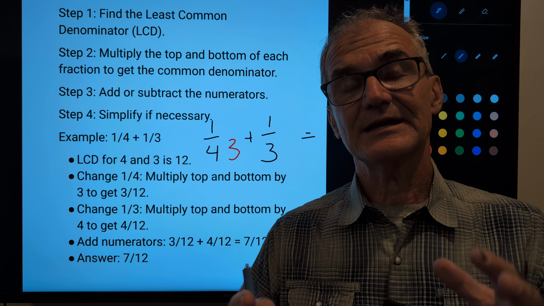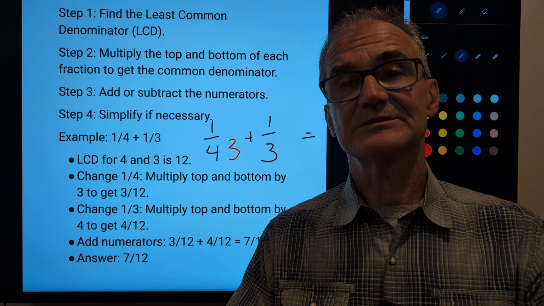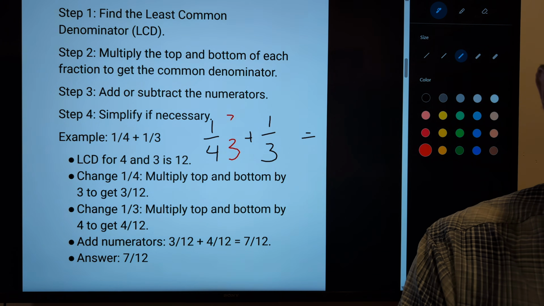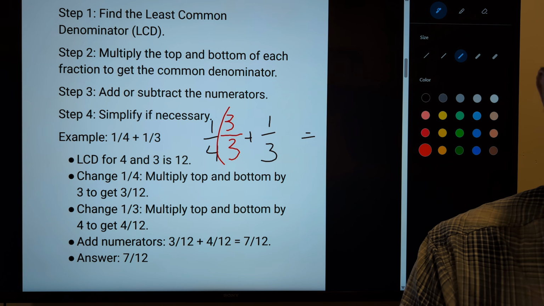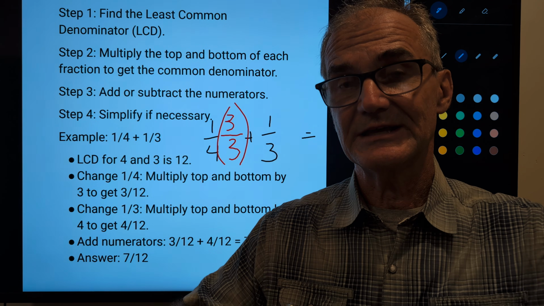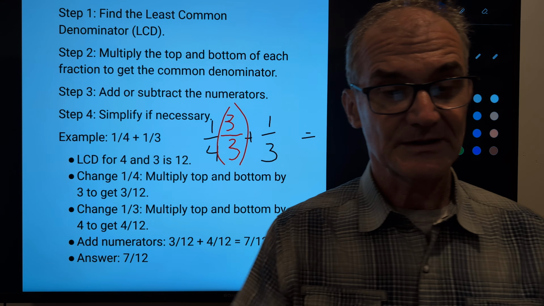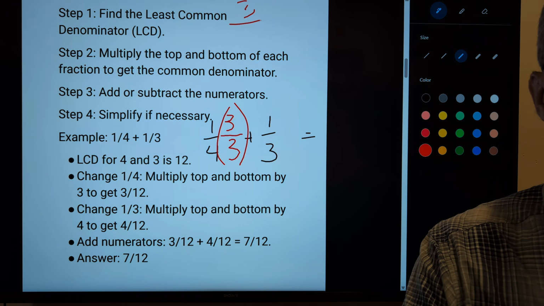The only way I can multiply it is multiply it by 1 so it doesn't affect the value. So I'm going to multiply it by 3/3. 3/3 is the equivalent of 1. So when I multiply by 3/3, it doesn't change the value of it. I'm just multiplying it by 1. That's going to give me 3/12.